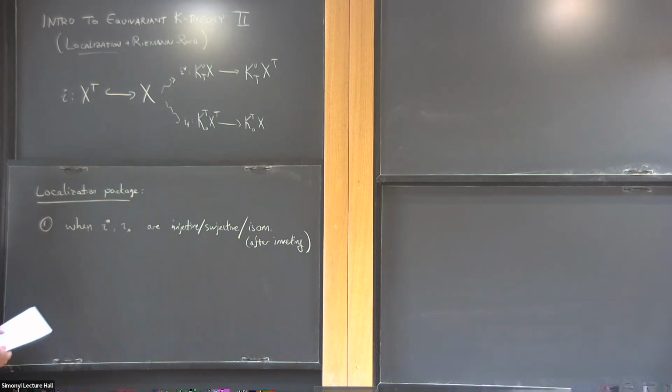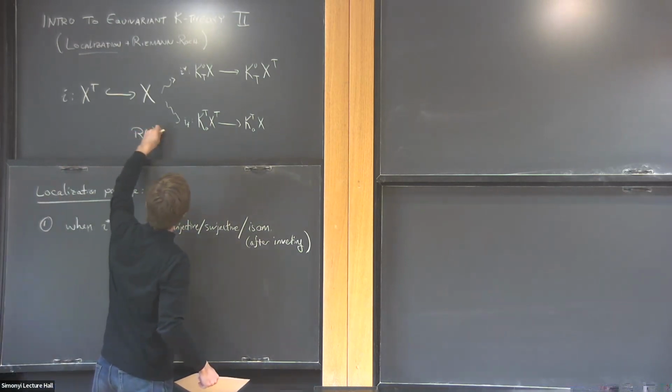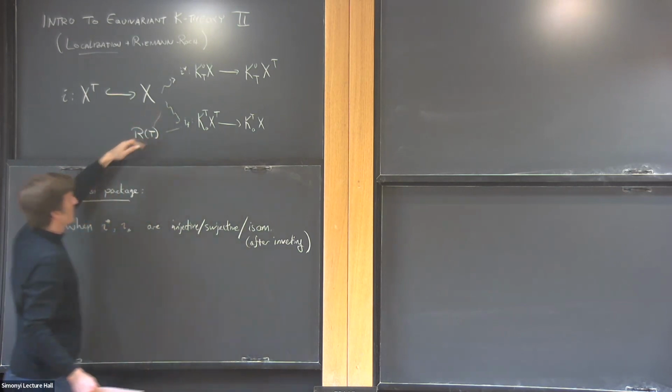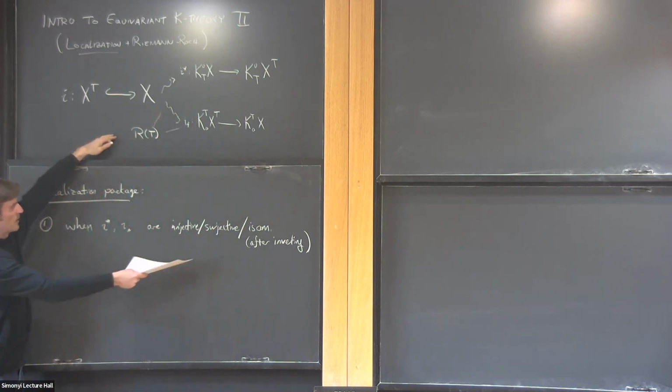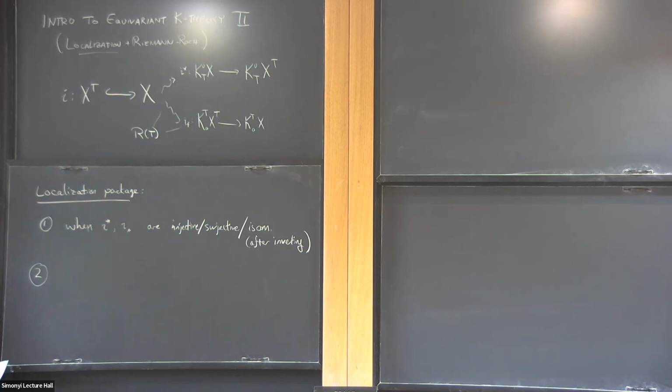So we're going to invert some characters in the ground ring. So all of these maps are maps over the representation ring. So when I say inverting something, I mean inverting something in the representation ring. So that's the first part of the package, and in some sense the most important part.